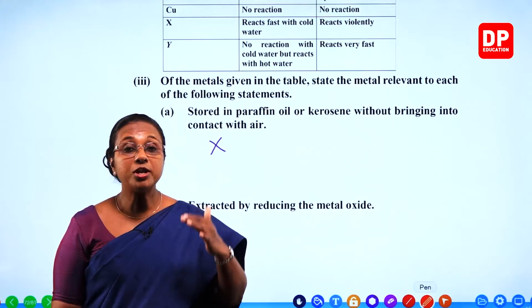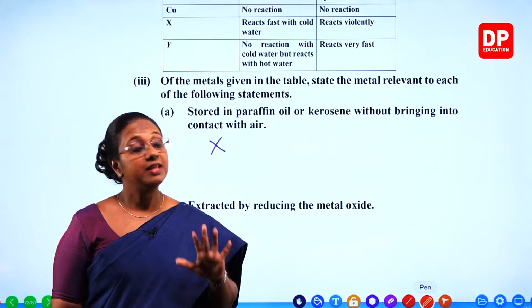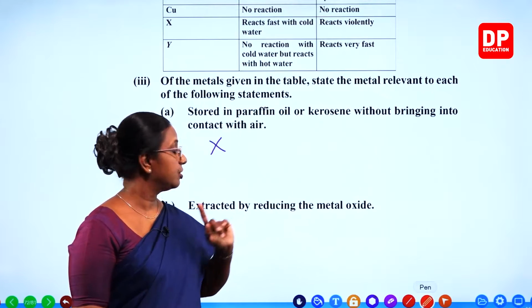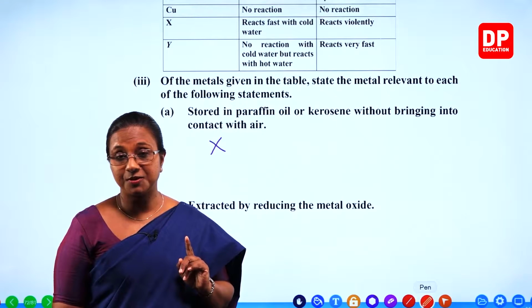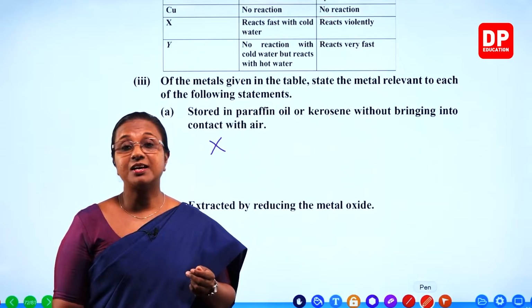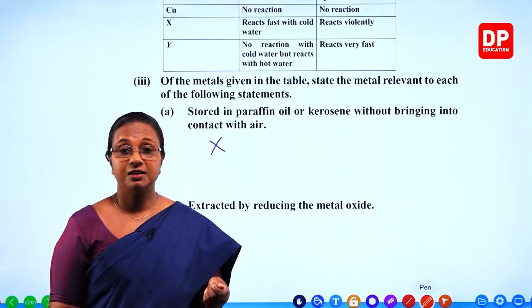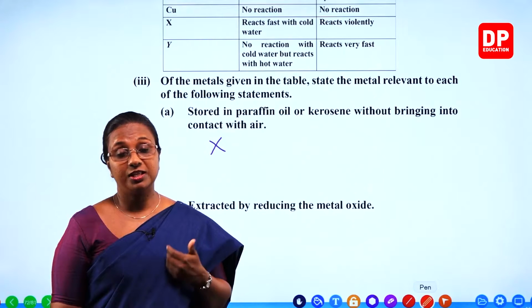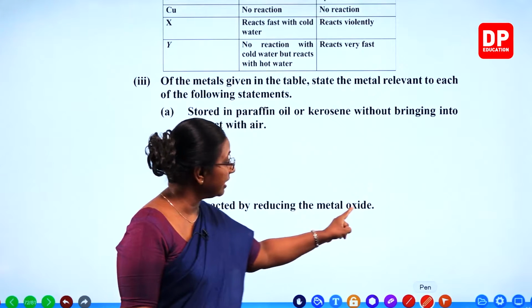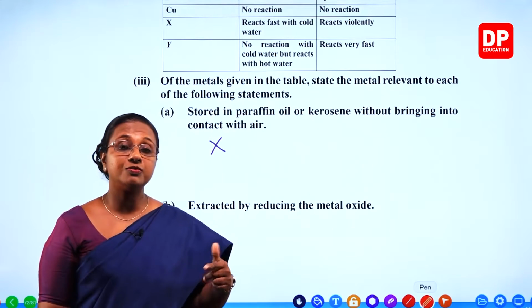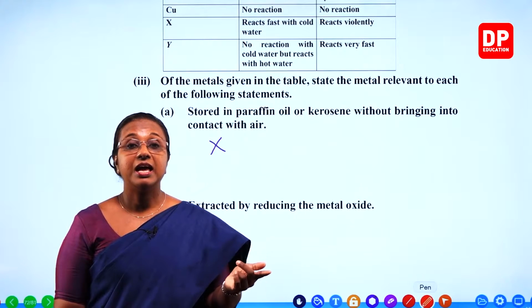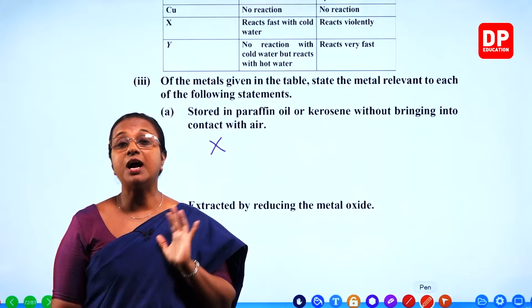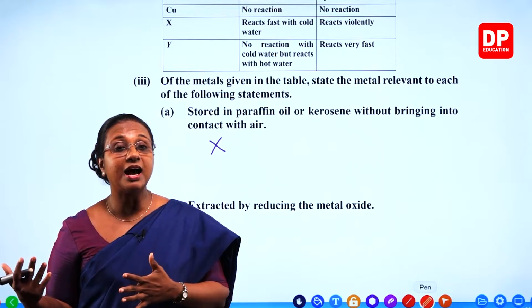Then, the moderately reactive metals are usually reduced by a reducing agent. For example, we have discussed the extraction of iron from hematite. Hematite is Fe2O3, the oxide of iron. The metal oxide is reduced with carbon monoxide. Fe2O3 is reduced by carbon monoxide to extract iron.